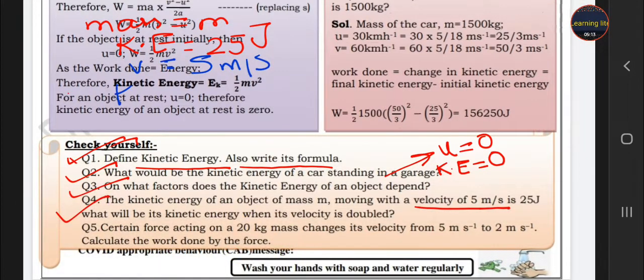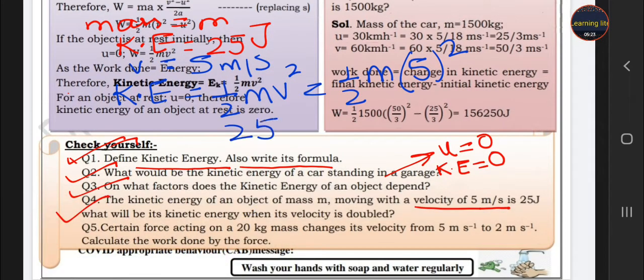We have to calculate the mass. Kinetic energy equals half mv square. Velocity is 5 and kinetic energy is 25. 25 equals 1 by 2 m into 25. So m here equals 2 kg.